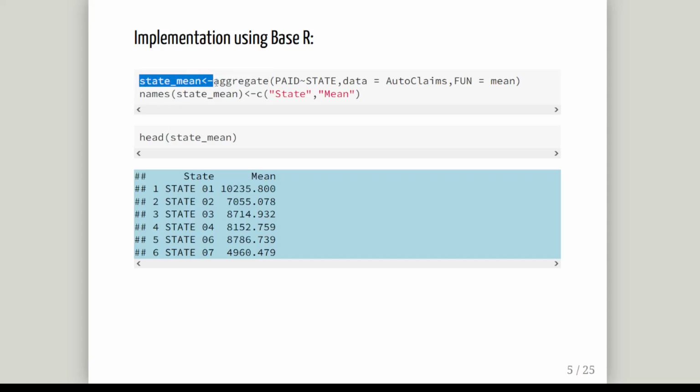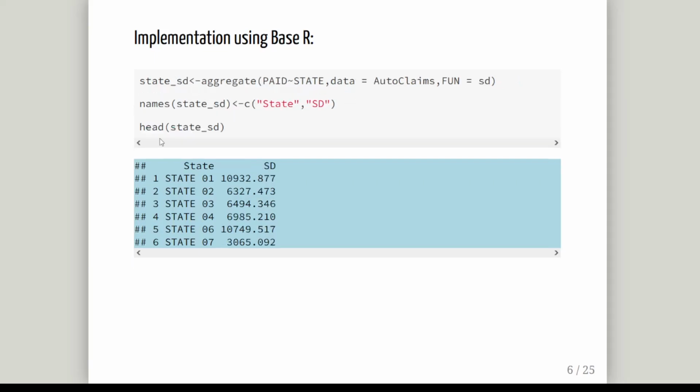Okay, a little data frame. I'm just going to change the names so that I have them as state and mean. Okay, the reason for that will become clear shortly. So just a quick look at it, what I have there, head of state underscore mean. Okay, so that looks good. So that's the mean for each of the states, the mean paid amount.